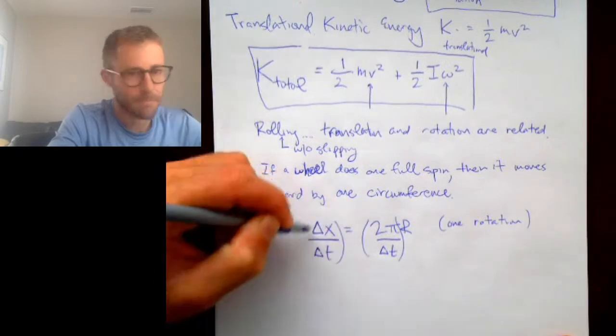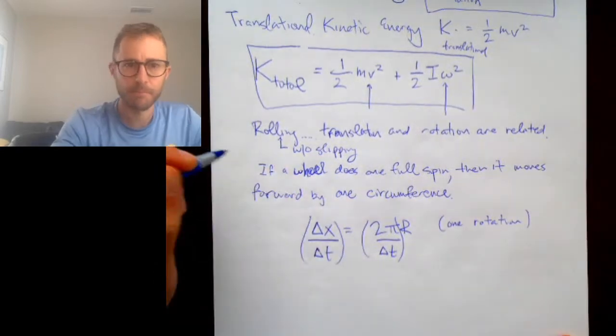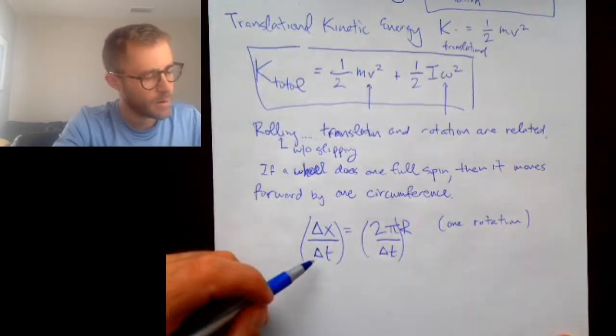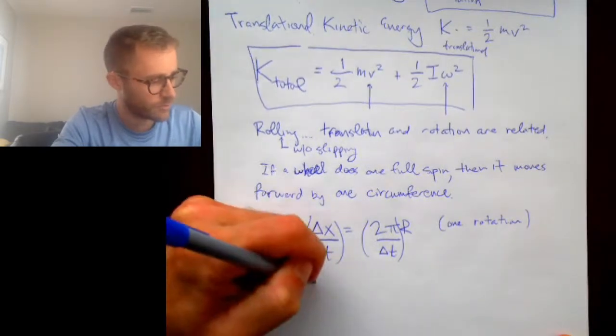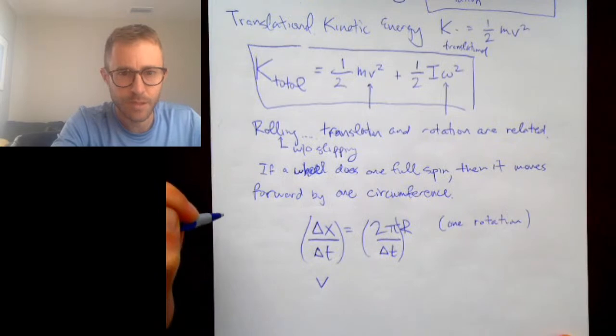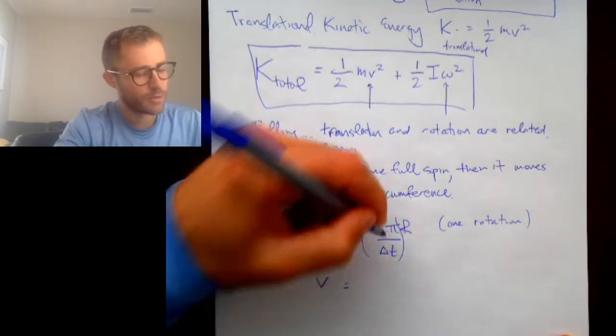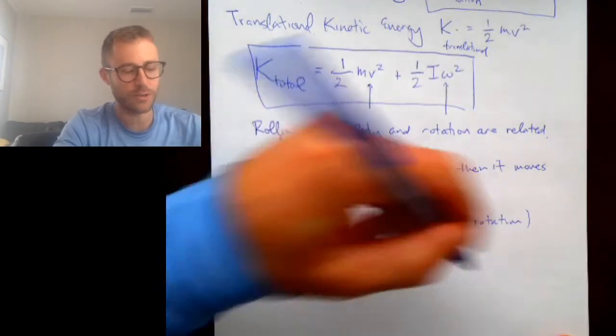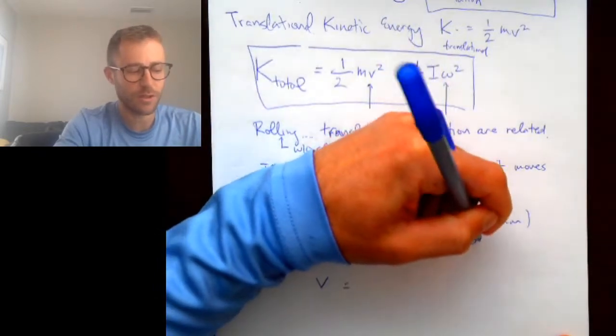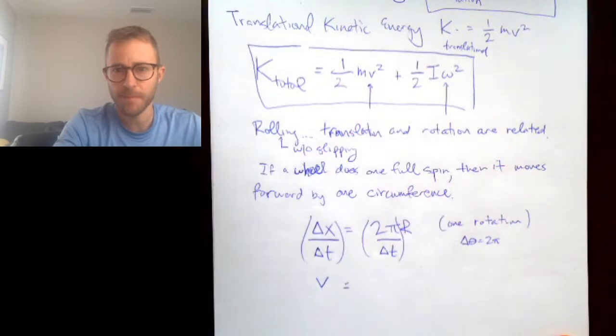All right. And so displacement over time, that's just speed. And then 2 pi over delta t, because we let it do one full rotation, that means that delta theta was equal to 2 pi.